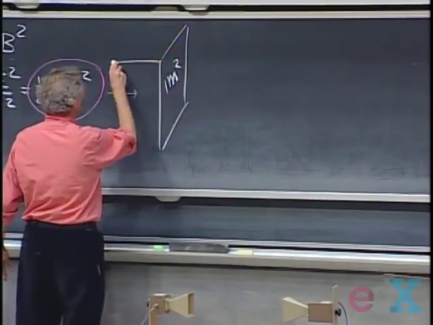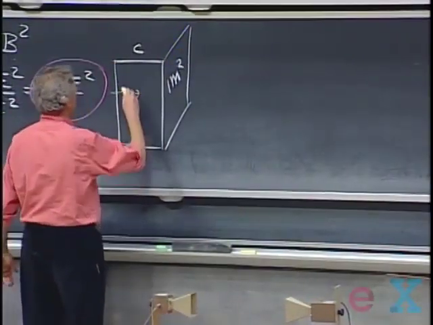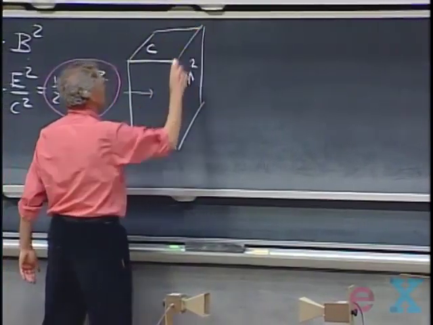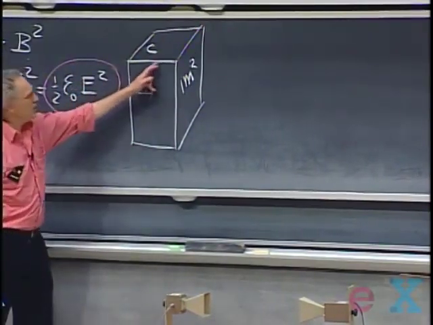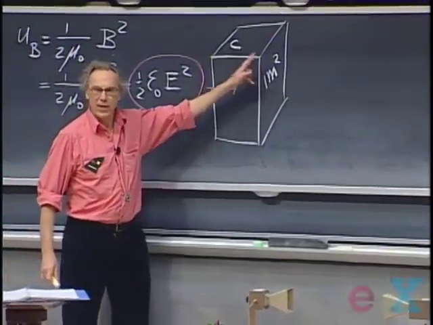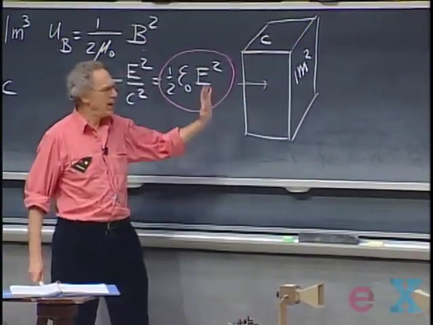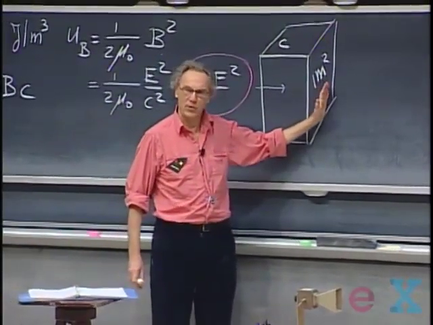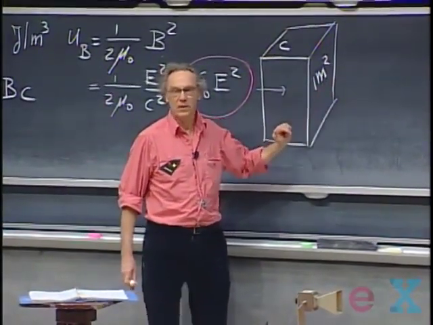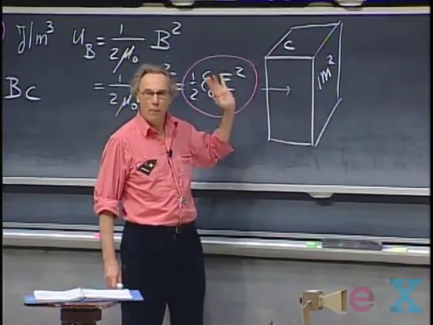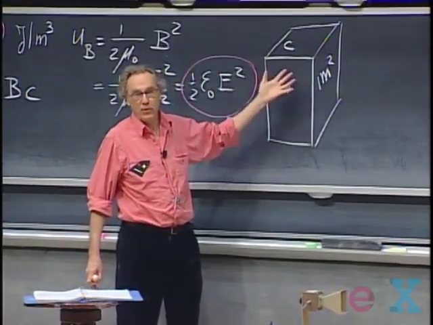In 1 second, light travels a distance c, which is a horrendous distance, 300,000 kilometers. This side of this box is what light travels in 1 second. And this is 1 square meter, and I'm going to calculate how much energy now comes through this 1 square meter in 1 second. Of course, I could have chosen this box 1 billion times smaller, would have gotten the same answer.